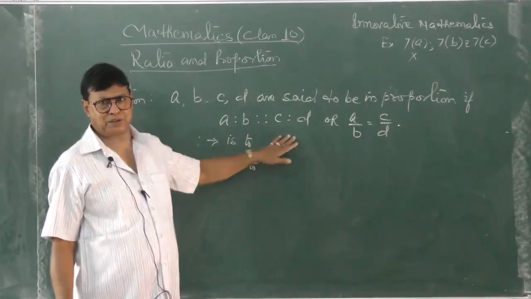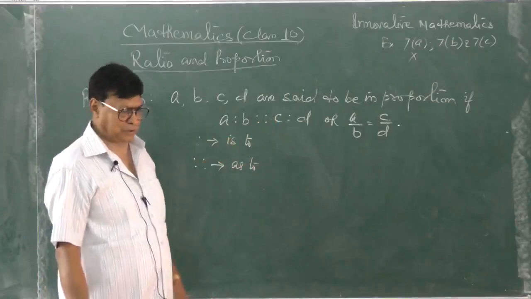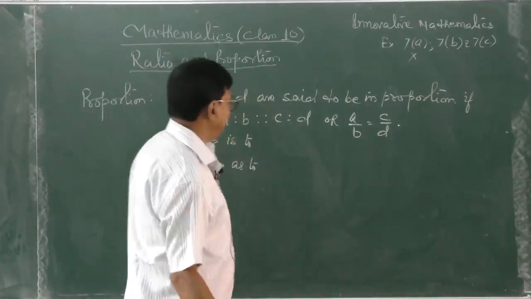A is to B as C is to D, then A, B, C, D are said to be in proportion.